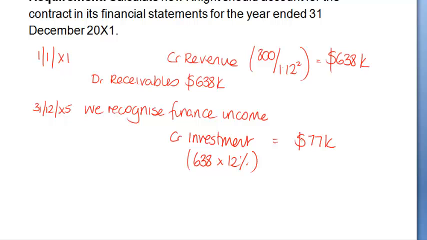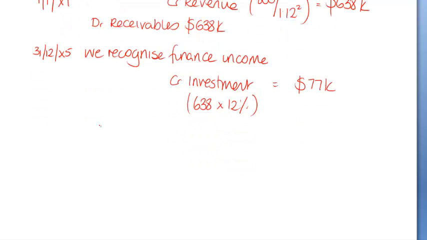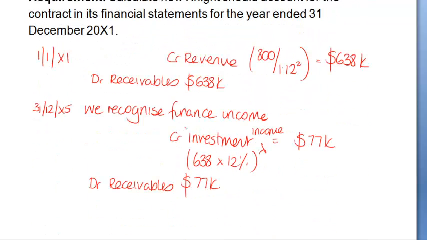So that's 77,000, and we would debit receivables. So that should be investment income. Debit receivables 77,000. Sorry, X1. X1, I don't know why I did X1. And we do exactly the same in X2.